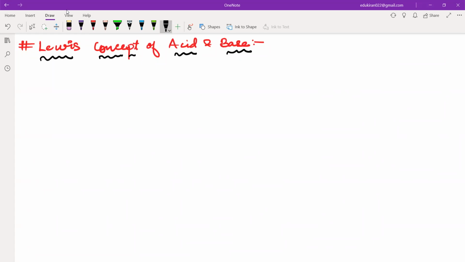He said that acids are those electron pair acceptors. They accept a pair of electrons. What will an acid do? An acid will accept a pair of electrons. That means these are electron pair acceptors.